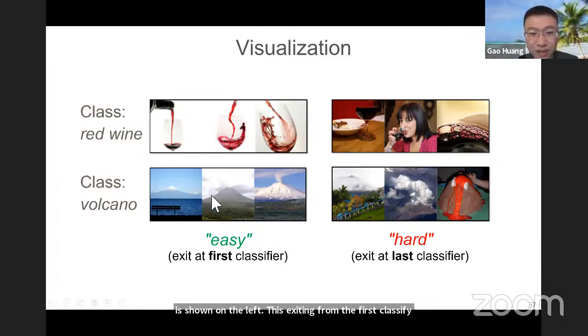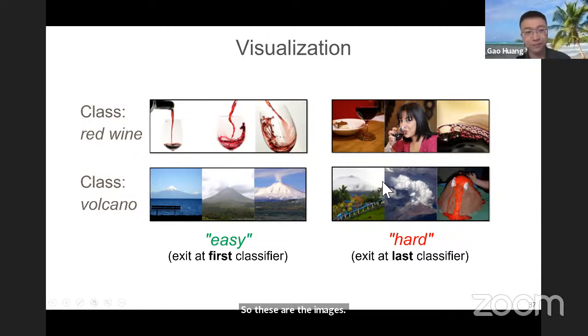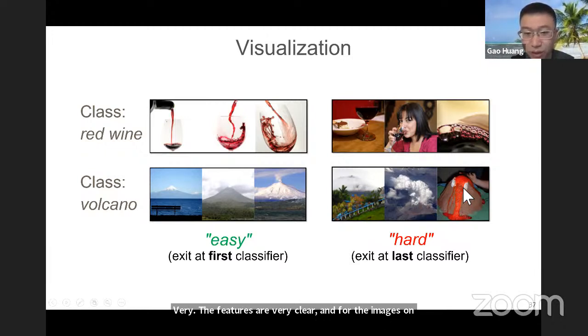So these are the easy images identified by the model, and the images on the right are the hard ones. I think we humans will find the images shown on the left relatively easy. For example, for these volcanoes, the features are very clear. And the images on the right are more complicated. And this is a toy volcano.